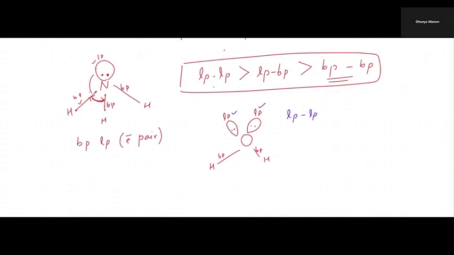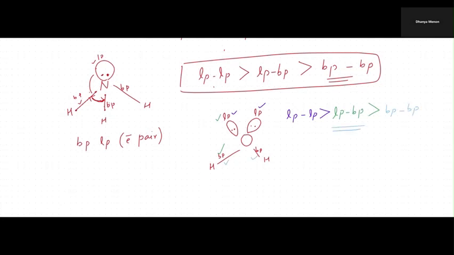They try to repel as far as possible. They tend to be away from each other as far as possible. It is greater than lone pair and bond pair, which is greater than bond pair and bond pair.